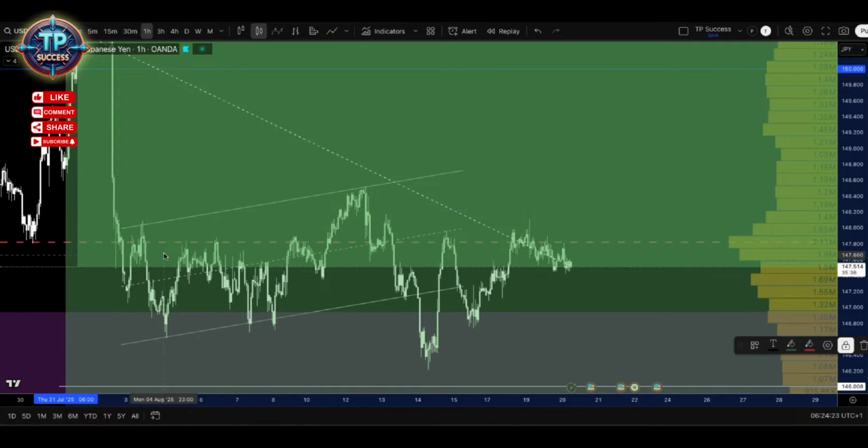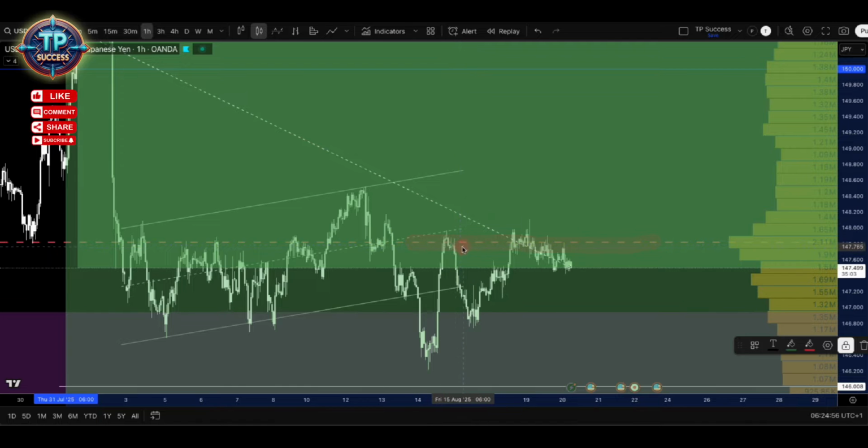So you can see here, this is the first ascending channel. We've had a break, price has come back in. There's the FVG in this area. It's tapped in, moved away, shot back off again, tapped into the point of control.